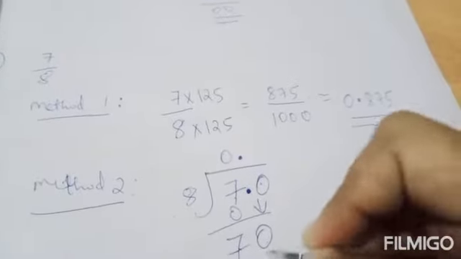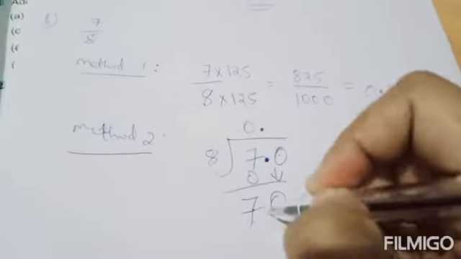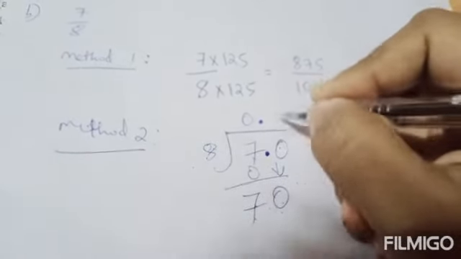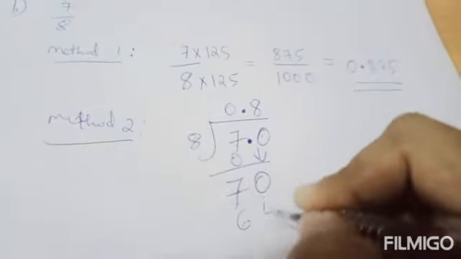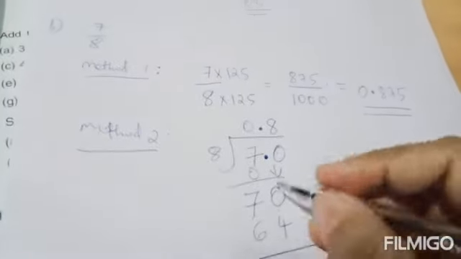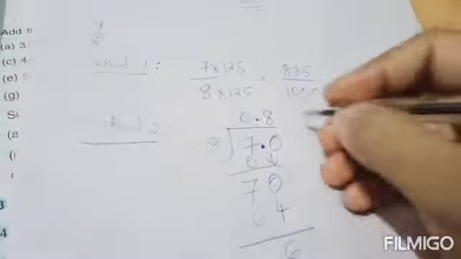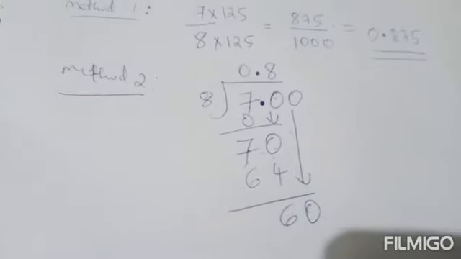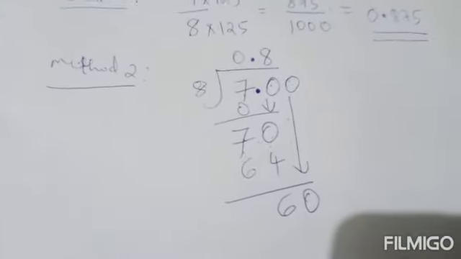So 70. Now 70 divided by 8: 8 into 8 you will get 64. So the remainder is 6. Now again you can put 0 and write it down because you didn't get the remainder 0. You can continue division till you get the remainder 0.